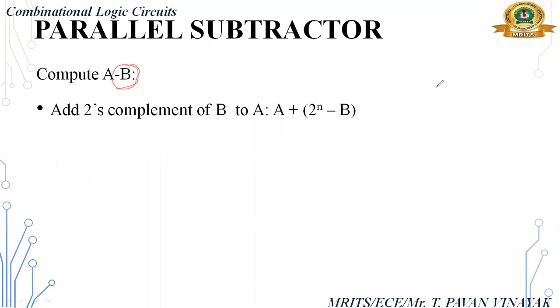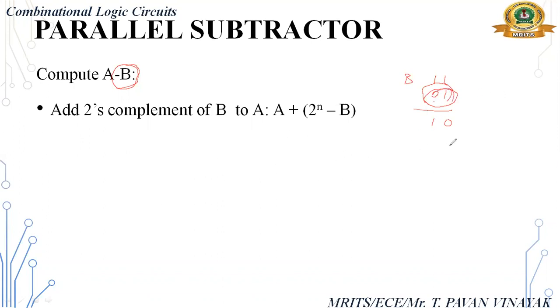I am given two numbers, 0, 1. What is the 2's complement of this one? This is B, right? 2's complement means complement plus 1. Or we simply perform the complement of this one, right?